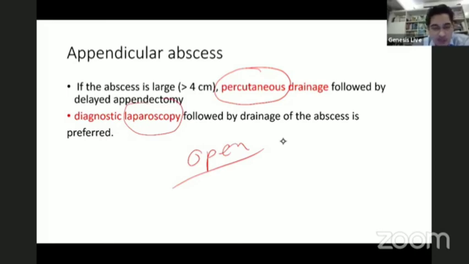It can be in the brain, it can be a perianal abscess, it can be an abscess in the joint cavity. There's no role of antibiotics until and unless a very small abscess cavity. Otherwise, the abscess has to be removed from your body, always. There's no role of conservative treatment.